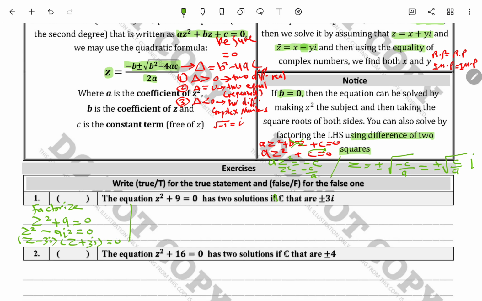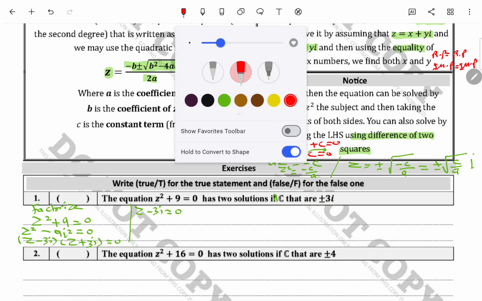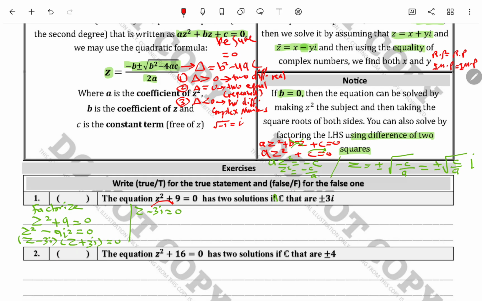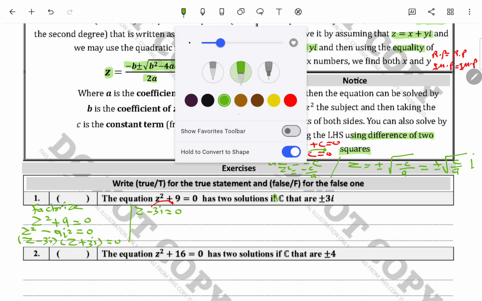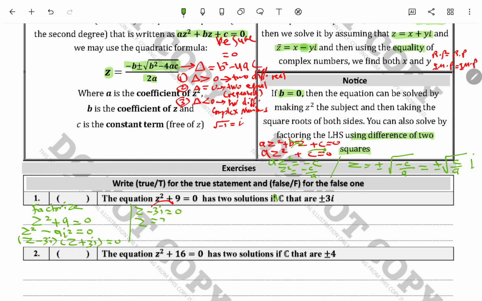Either z minus 3i equal to 0, then move this 3i to the other side to be positive, and that will make it z equals positive 3i.